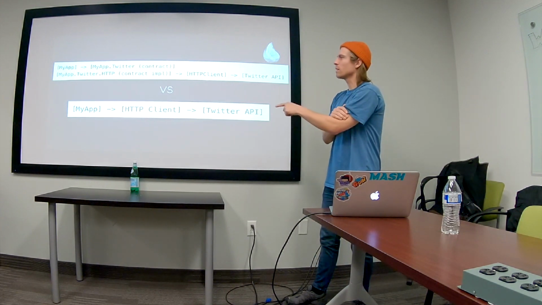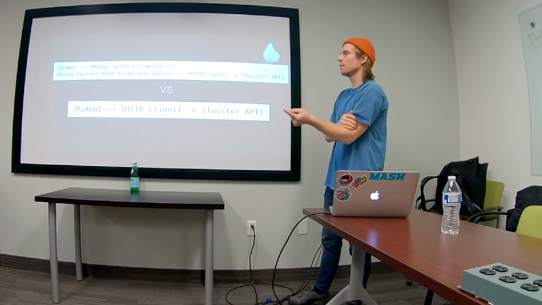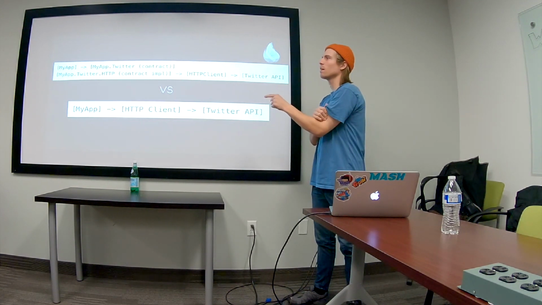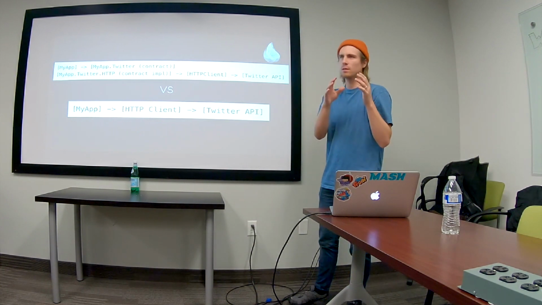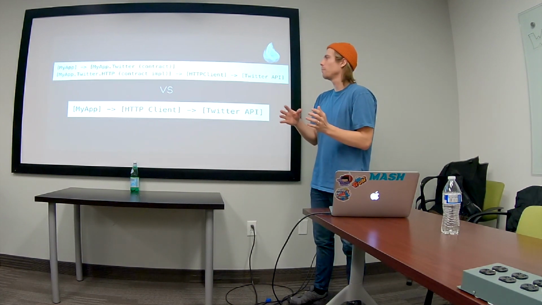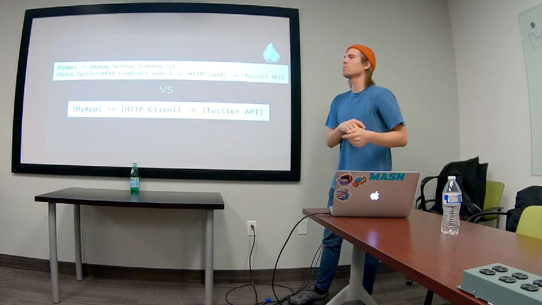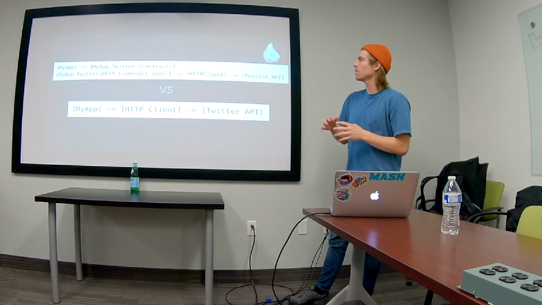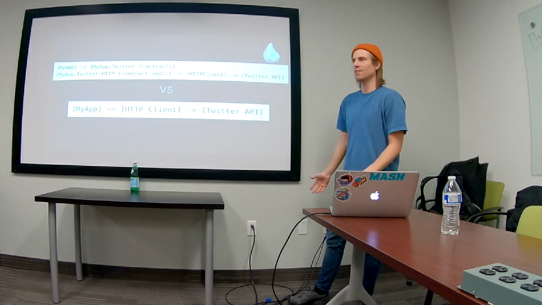But we don't want that. We want it to be something more like this, where my application depends on the Twitter API, and that's a specific contract that we've set up a boundary for. And inside of there, we can depend on the HTTP client because that's a whole different boundary, and then to the Twitter API. Does that kind of make sense?